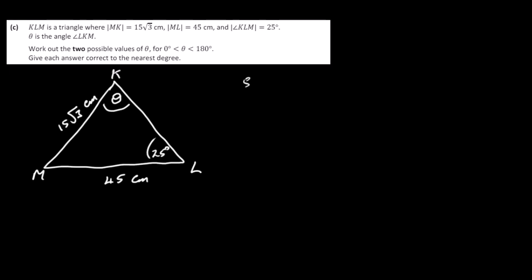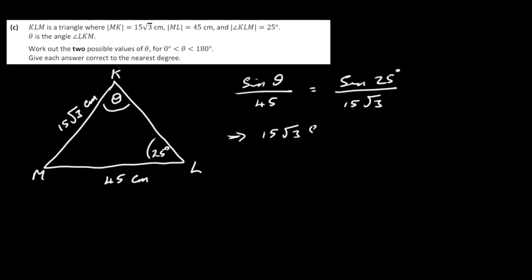So let's write down the sine rule and see what we can work out. Well, we need sine of theta over the opposite side, which is 45. That's equal to the sine of 25 degrees over 15 root 3. We can just cross multiply here, so we have 15 root 3 sine theta.